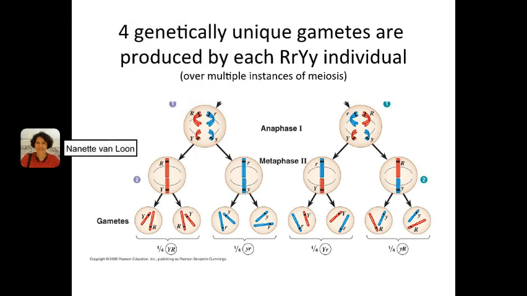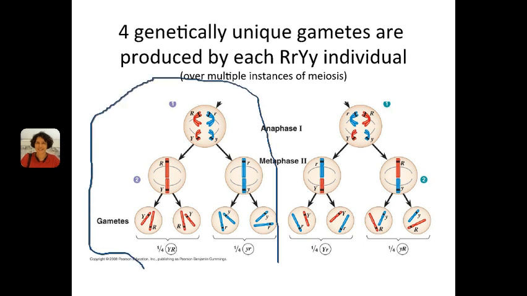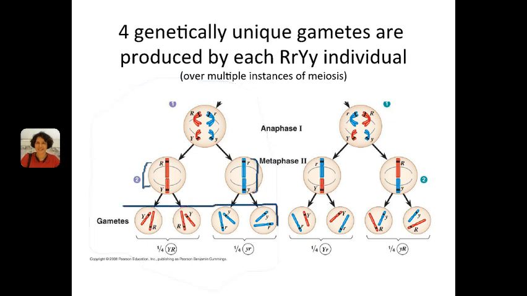This picture shows us the whole process of meiosis with both divisions. So on each side there is one meiosis, and one side gives us the one combination that we talked about earlier. So you've got big R with big Y and little r with little y. And here you have the four daughter cells produced in that meiotic event.